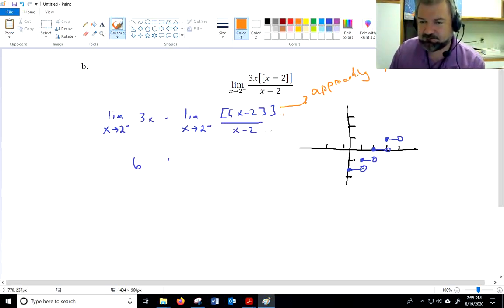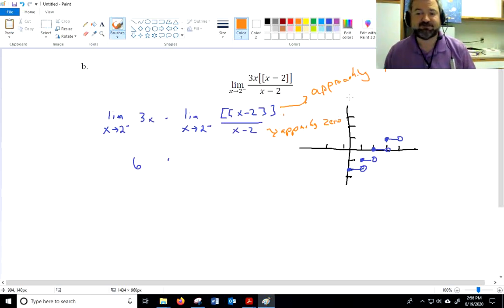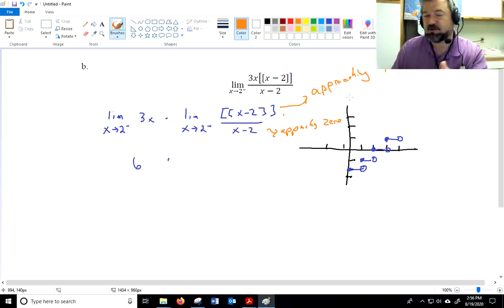Now, the bottom is approaching 0, right? But from where? It's approaching 0 for values that are less than 2. So, for example, like 1.99999, when I subtract 2 from that, it's going to be a negative number. So it's approaching 0 but negative. So it's definitely negative, right?